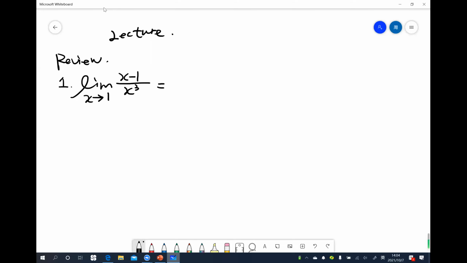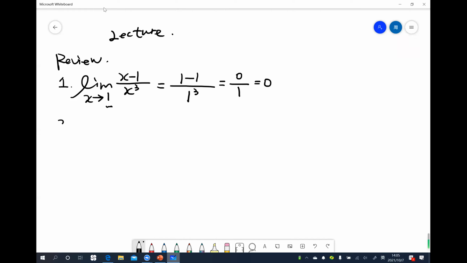We just substitute x equals 1 into this function. That equals 1 minus 1 over 1 to the power 3, so that equals 0 over 1, which equals 0. This is the solution for the first question, and it is easy.